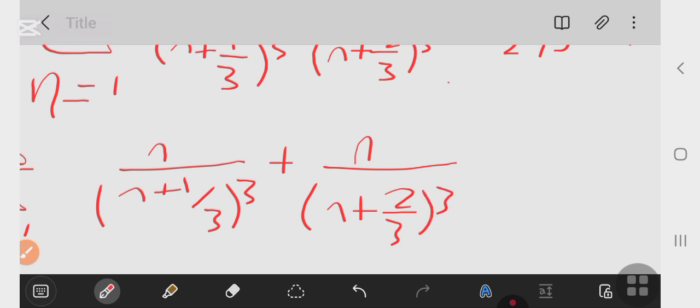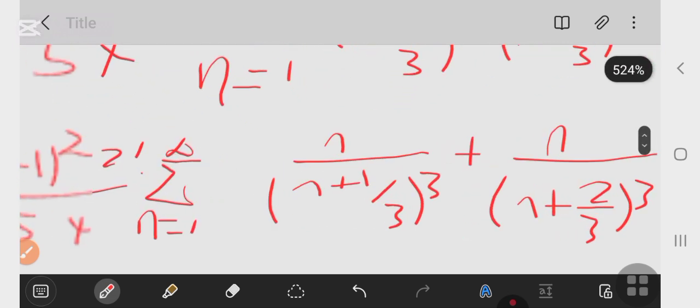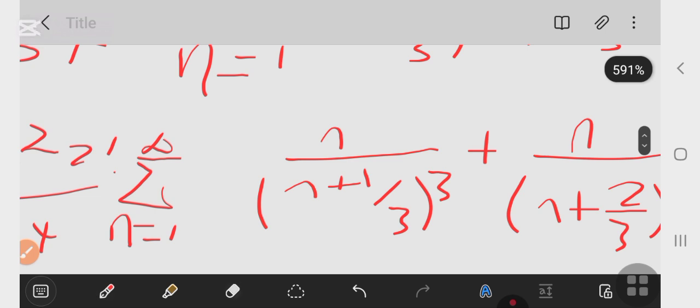So now if I change this sum for it to start from 0, this will now become n plus 1, and instead of being ordinary n, this one will also be n plus 1.